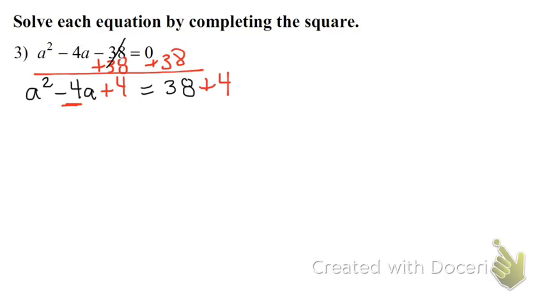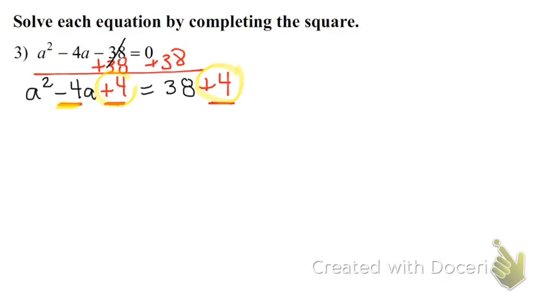It seems weird, I know, but that's how you do this problem. It's half of this term right here, and half of negative 4 would be negative 2. But then you square it, and negative 2 times negative 2 is a positive 4. This number that you add will always be a positive because it was a number squared. And if you added 4 to this side of the equation, you have to add 4 to the other side or it's not balanced. So that's the new part. It's half of this negative 4 squared, added to both sides.